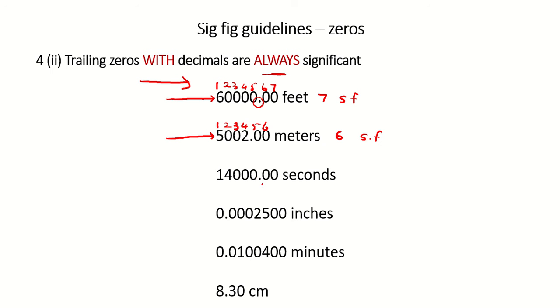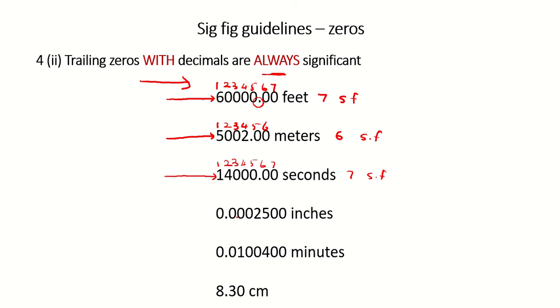Next number. Do you see a decimal point? Yes. So draw the arrow in this direction until you find the first non-zero digit. Start counting. 1, 2, 3, 4, 5, 6, 7. 7 sig figs.